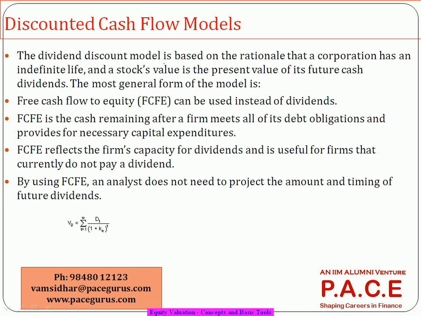So straightforward, whenever we talk about the DCF model, you try to understand. I mean, the book talks about so many formulas and a lot of other stuff. The simple thing for us is to try to understand what dividends are getting received at what points in time.